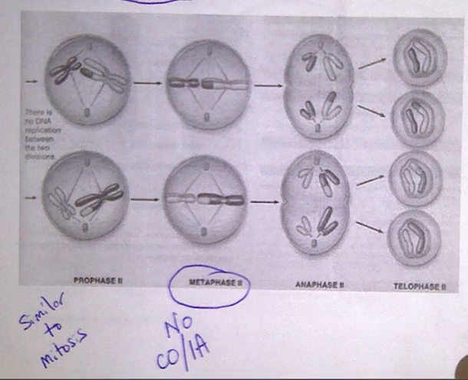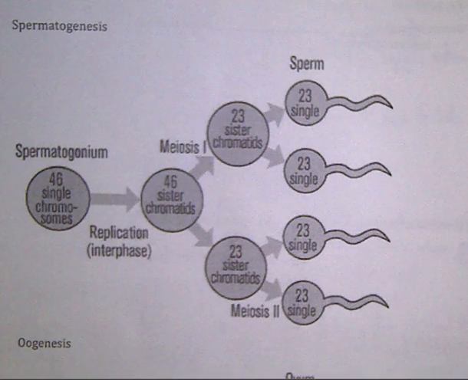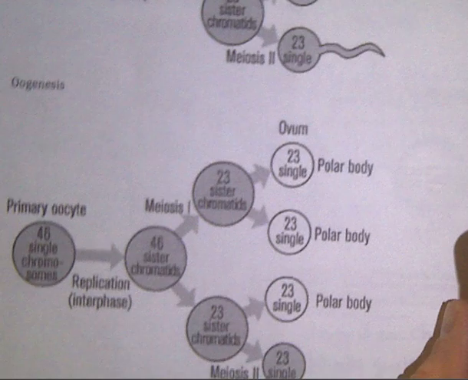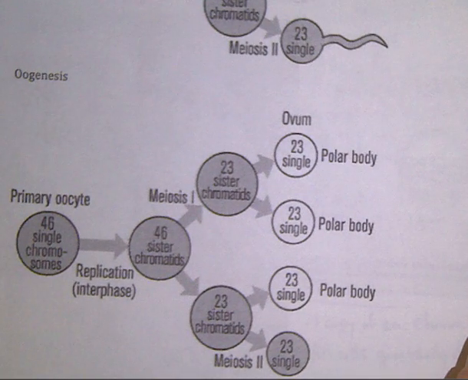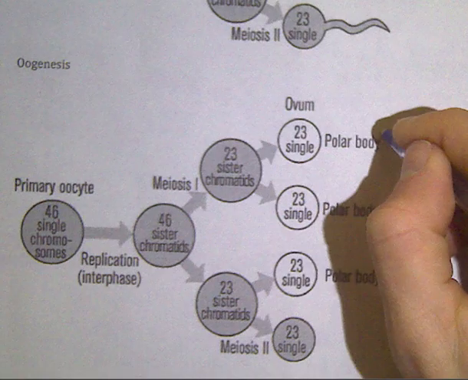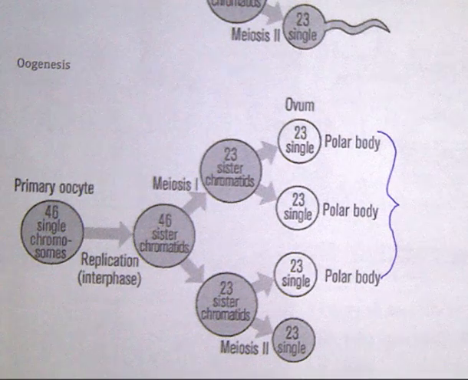Okay? If you want to review these two diagrams on your own, this is going to show you specifically how sperm are made, and this is going to show you more specifically how eggs are made. Okay, so you can review those on your own. But what you're going to notice is that in eggs, there are these things called polar bodies that get formed.